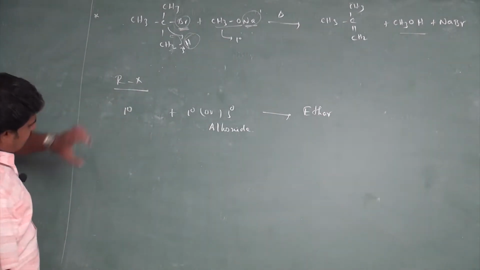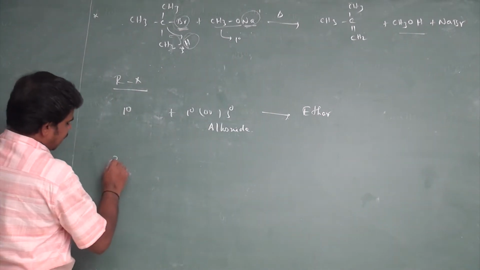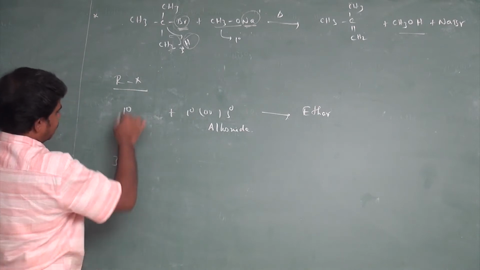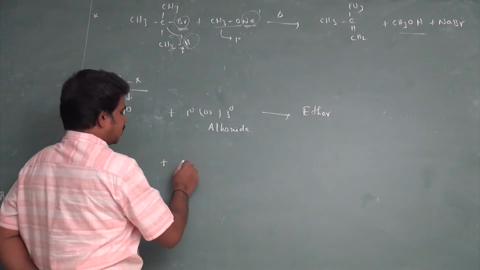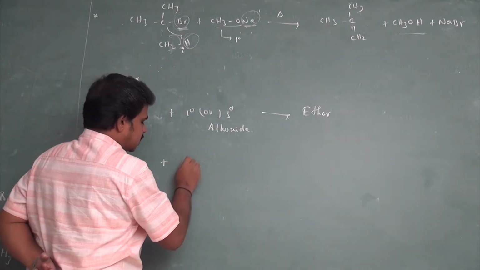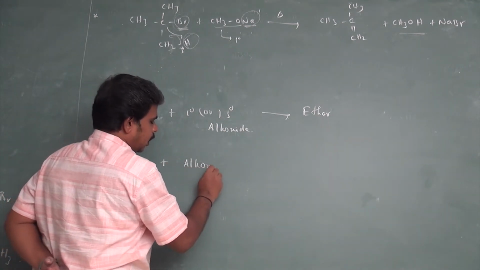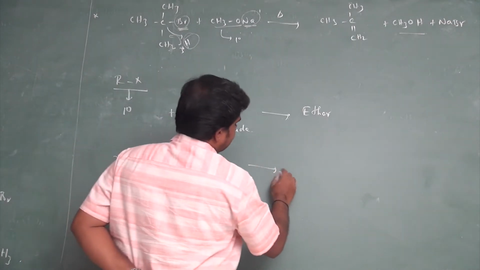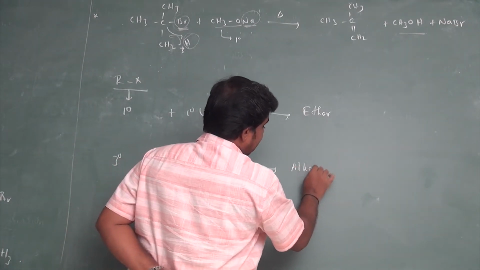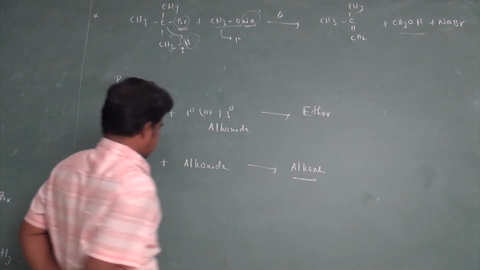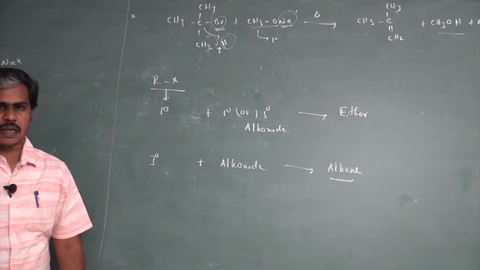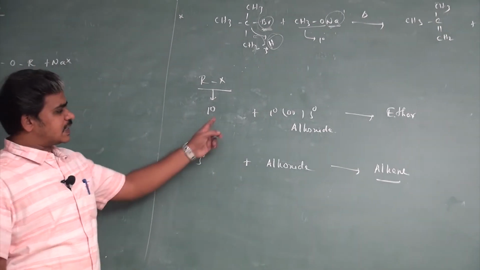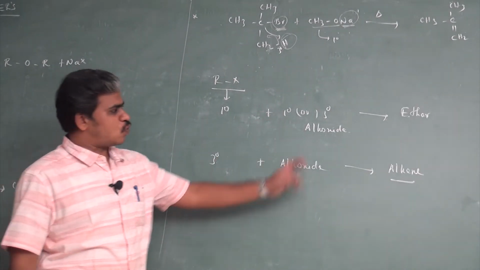Then instead of primary alkyl halide, if the alkyl halide is tertiary, then it is reacted with any alkoxide, then we are getting an alkene, not an ether.